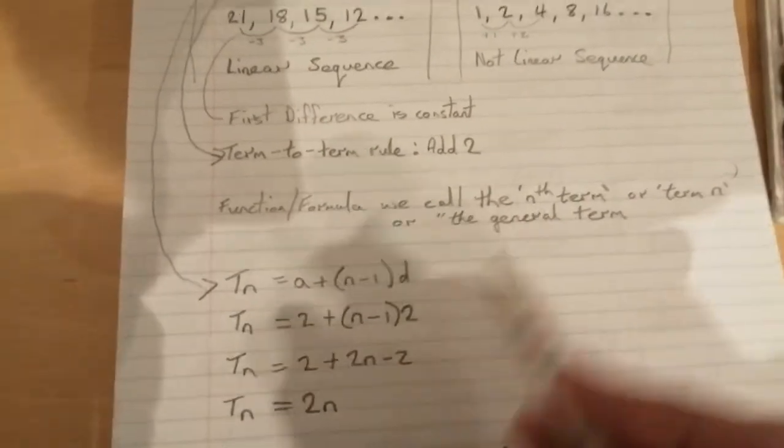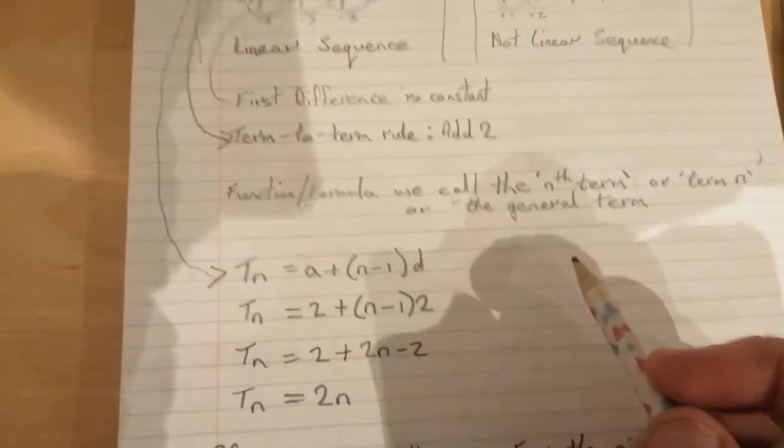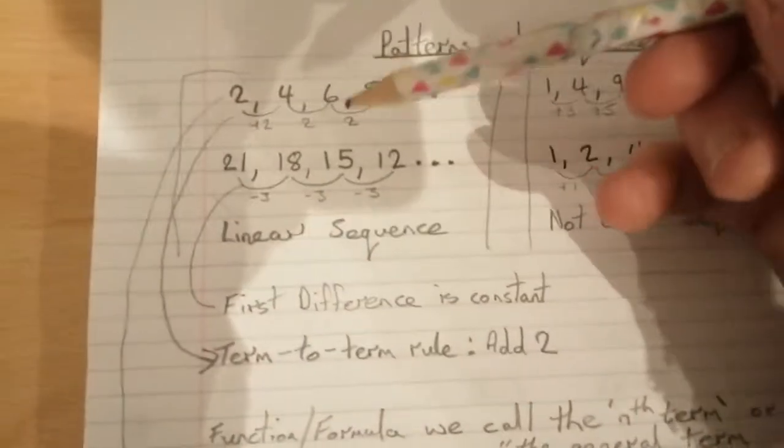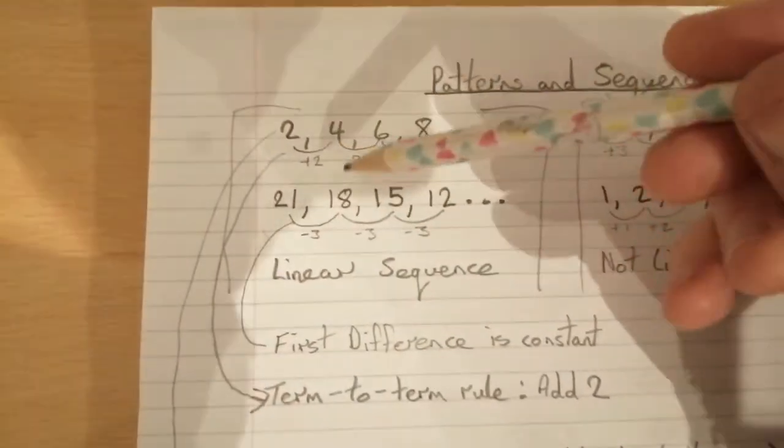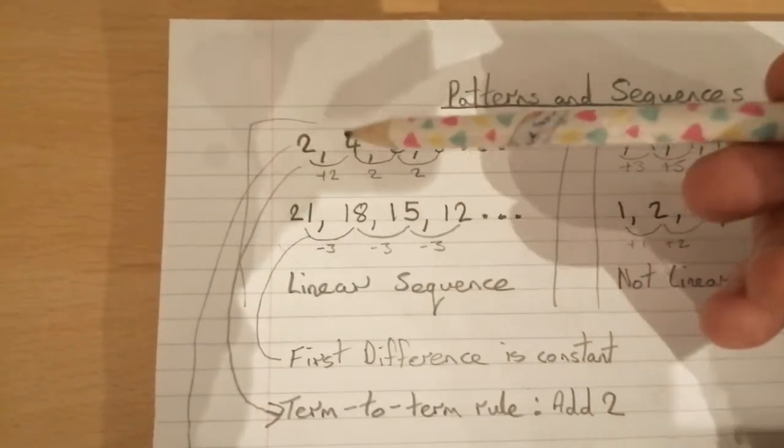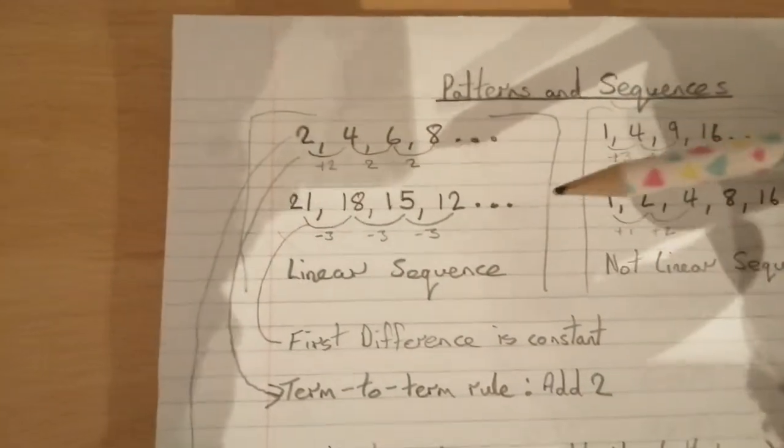So let's talk a little bit about the language of what this means, term n. First of all, if we go back up here, when we talk about terms, we're talking about all of the numbers in the sequence.